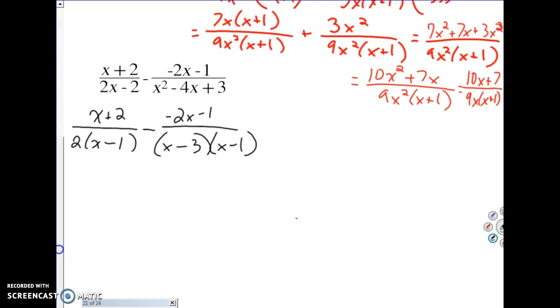Looks like they both have an x minus 1 in the bottom, so maybe what I need to do is multiply the first fraction by x minus 3 over x minus 3, and multiply the second fraction by just 2 over 2. And then that'll get you common denominators, so you can go ahead and subtract across.